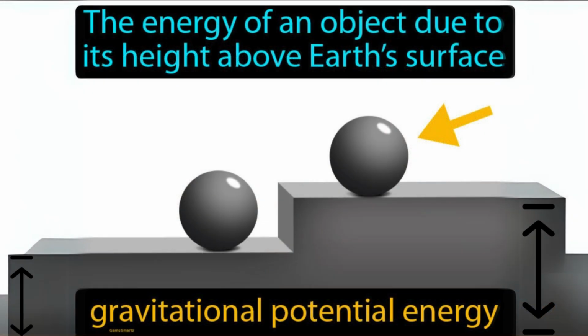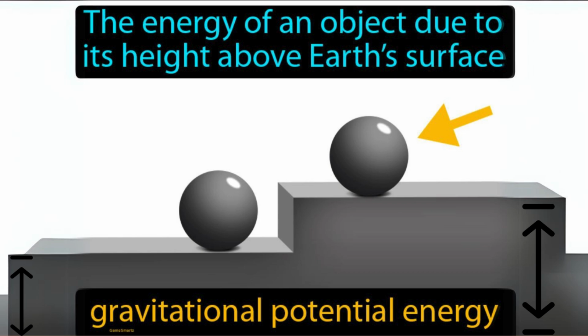Also, we have here two balls, and we discussed this last time. You remember that? Yes, we have here a ball at this height and another ball in a higher place. So which one of these will have more potential energy?